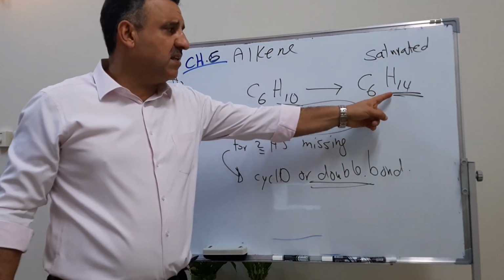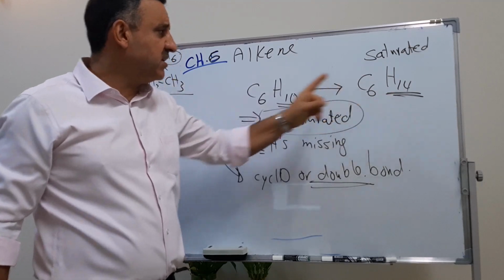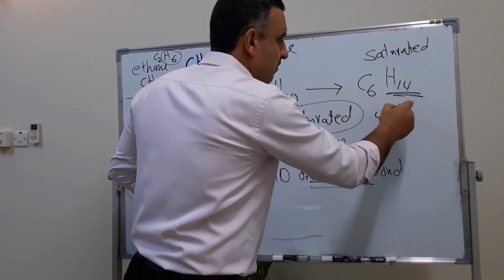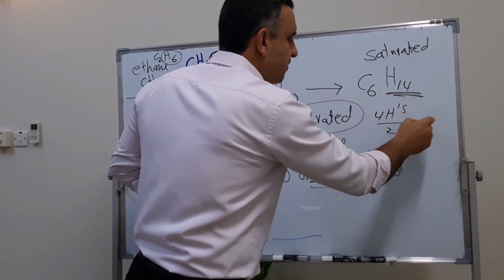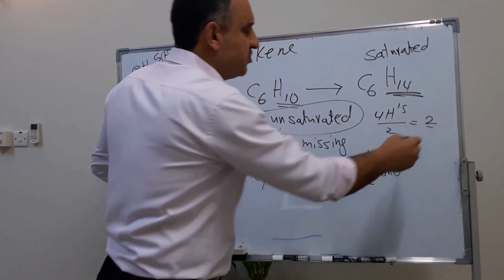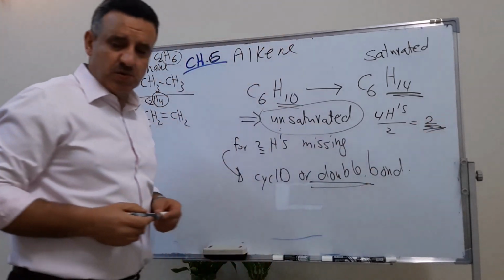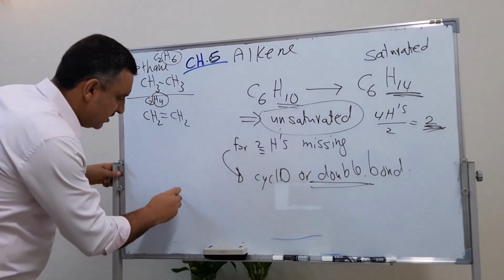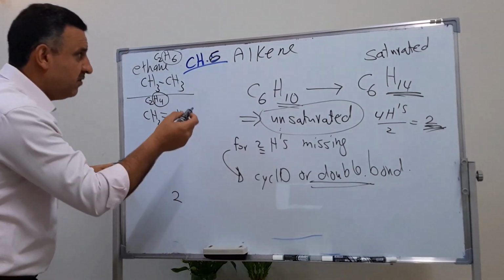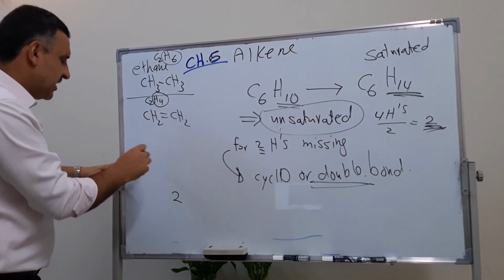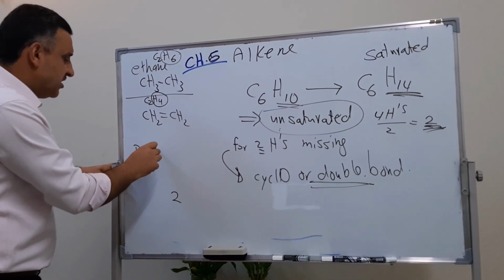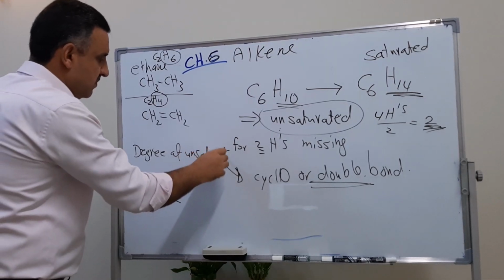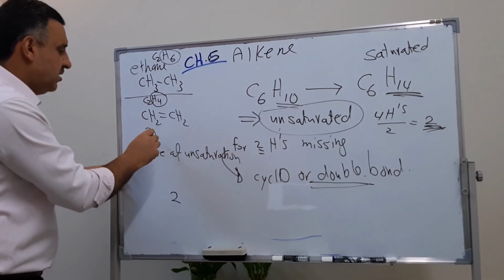Here, as you can see, the difference between the hydrogens of the saturated and the unsaturated is 4 hydrogens missing. If you divide by 2, that means the degree of unsaturation in this compound is 2. Let's just agree on something: degree of unsaturation, let's call it DOU.